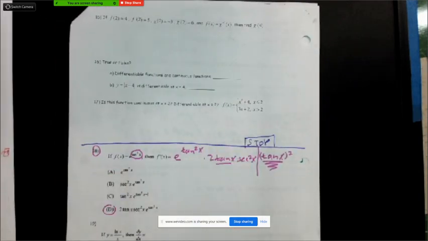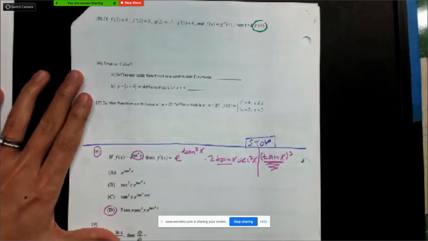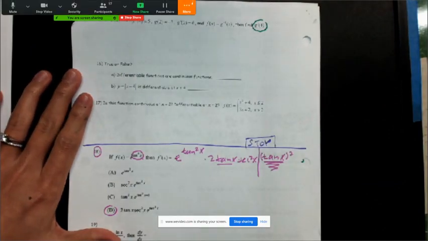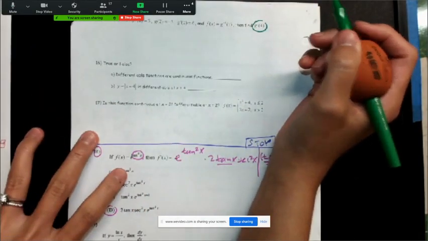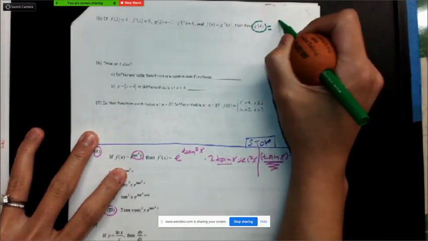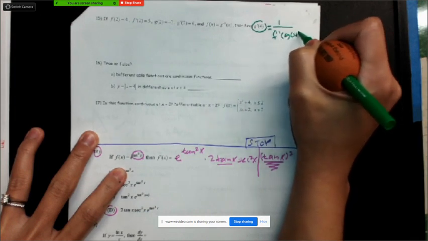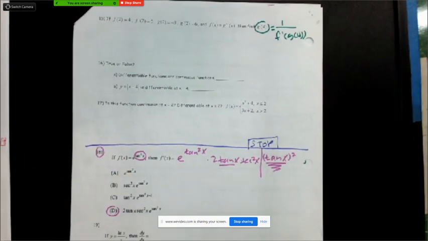All right, number 15. So let's see what I'm looking for. I am looking for g prime of 4. If y'all remember the derivative of the inverse, the definition basically said that g prime of 4 is equal to 1 over f prime of g of 4. Again, this came from your card that we made.